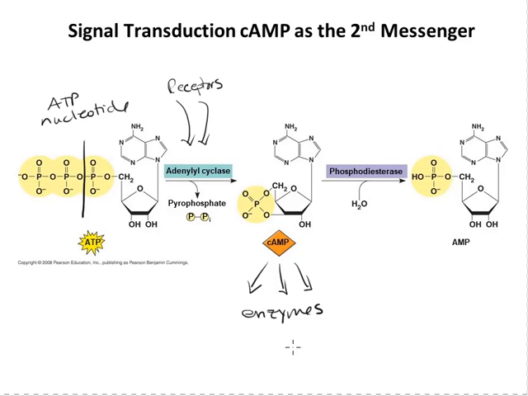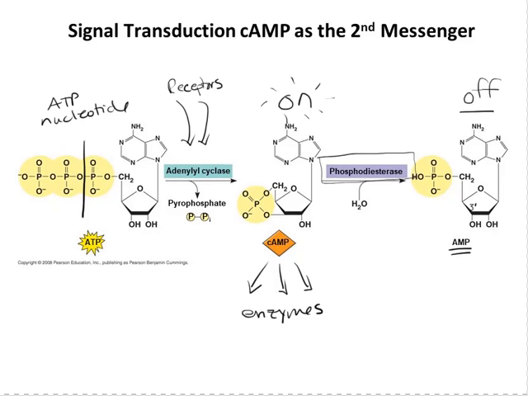Like we saw with the kinase signaling cascade, there's an enzyme that deactivates cyclic AMP called phosphodiesterase, which cleaves the bond between the phosphate group and the 3' carbon of the ribose sugar, yielding plain old AMP, which doesn't act as a second messenger. So if adenylyl cyclase functions as the on switch for this second messenger signaling, phosphodiesterase functions as the off switch, terminating the signal.